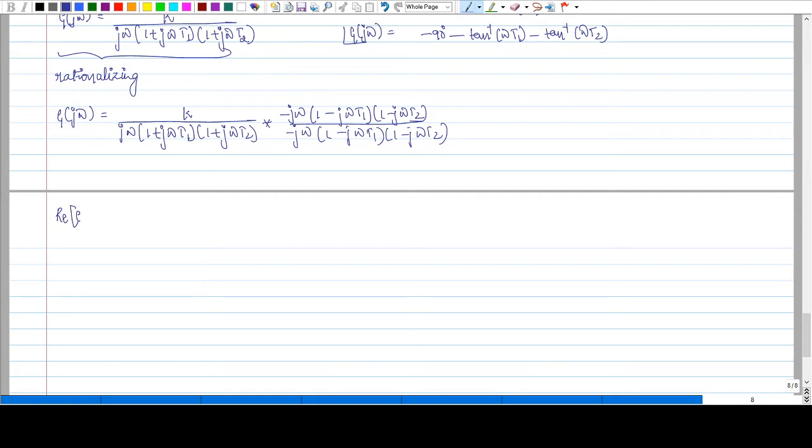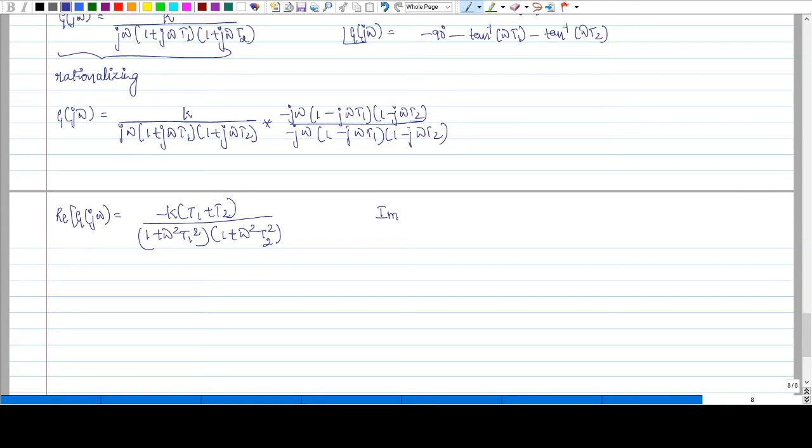So the real part of G of j omega is equal to minus k (T1 plus T2) divided by (1 plus omega square T1 square)(1 plus omega square T2 square).